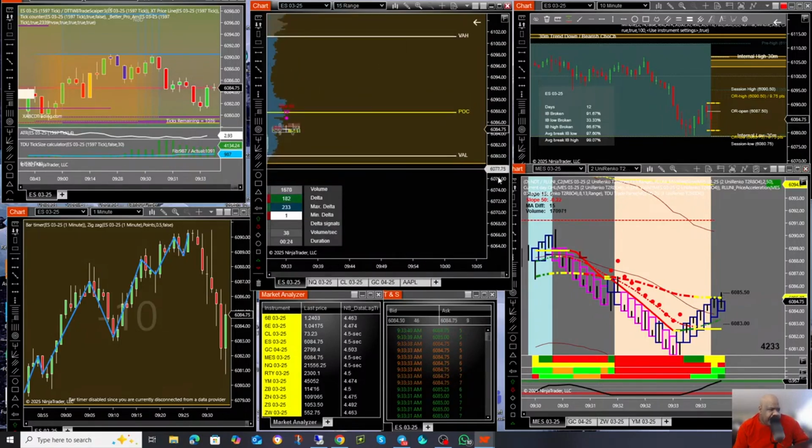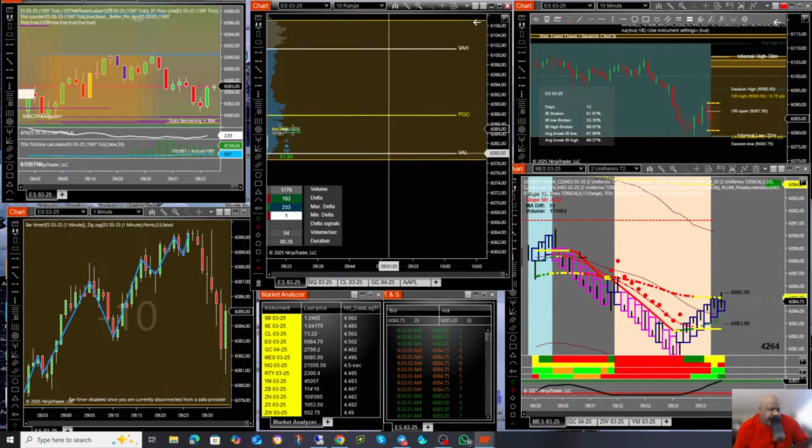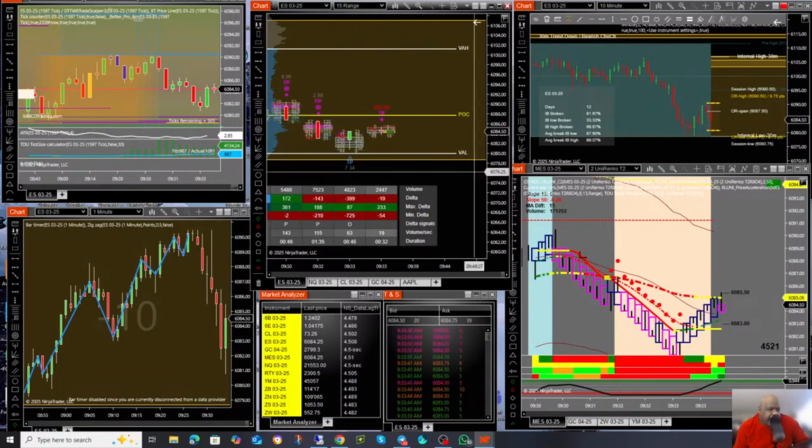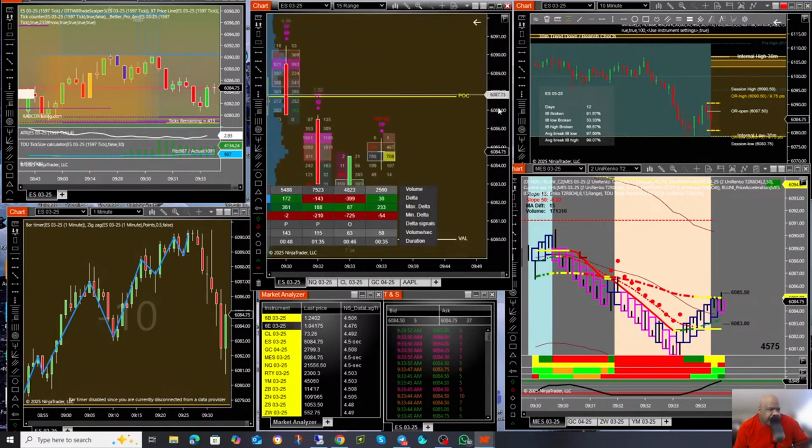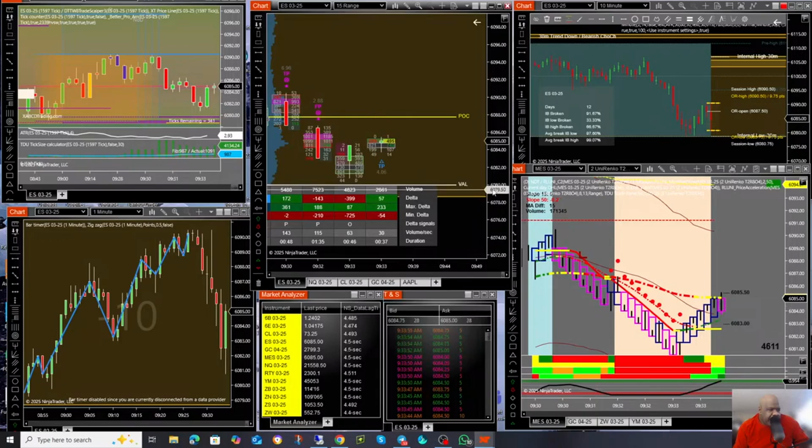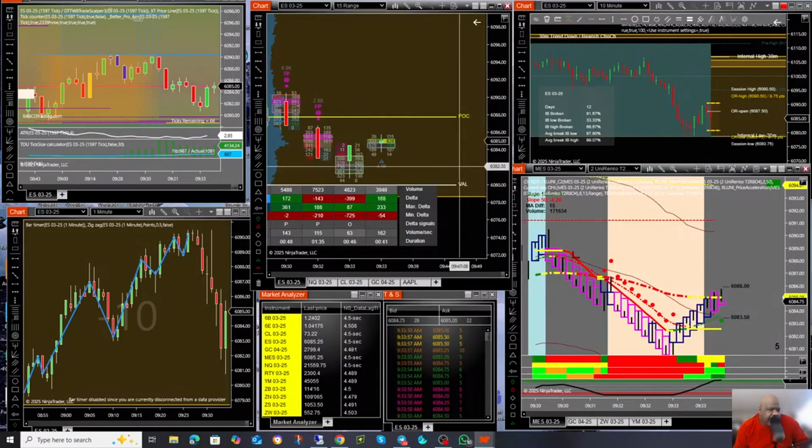We have about a 21 point range for the value area so far. And the way the market's been moving, this is not a big range at all when it comes to the value area.